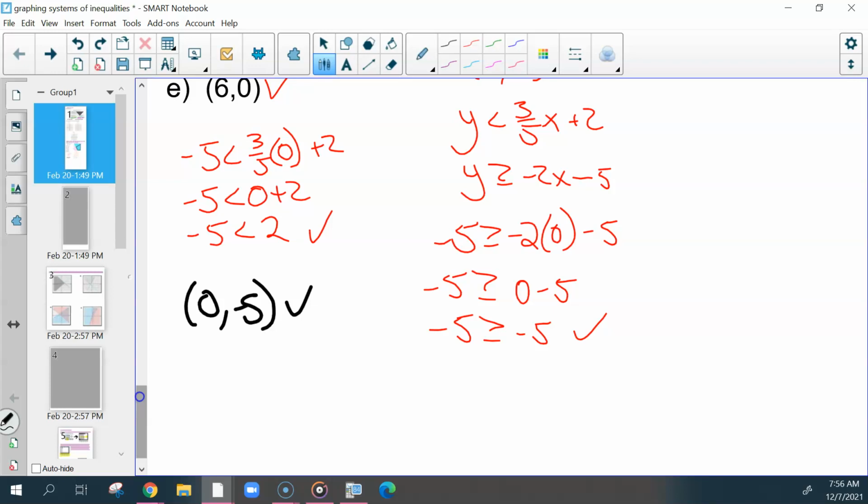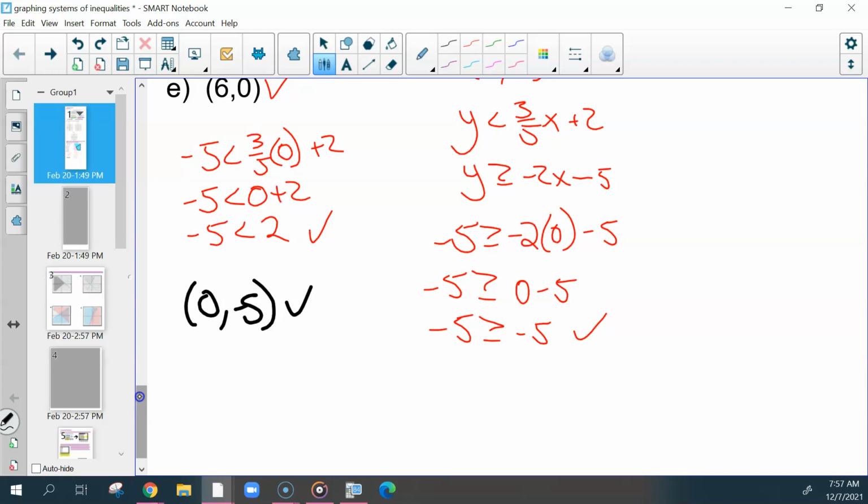But always check it, especially if it falls on a line, because it could not work for both. Especially if it falls on a dotted line, check it. But when it falls on a solid, it could work for the solid but not the dash, I think is what I meant to say.